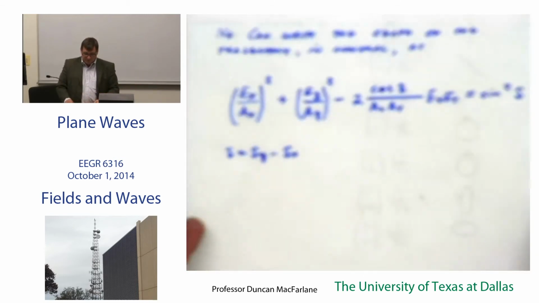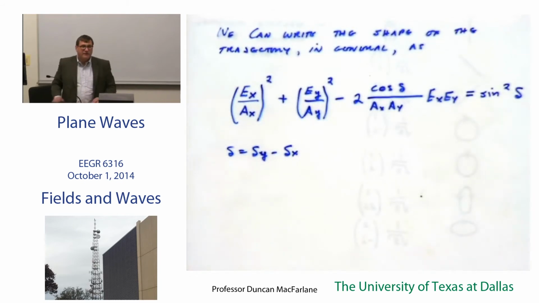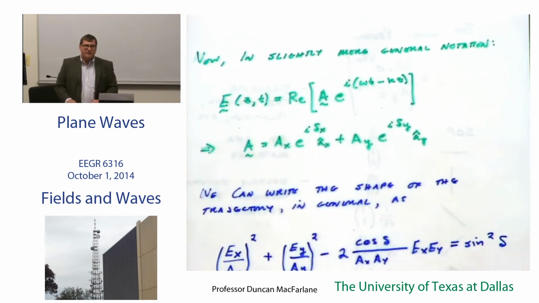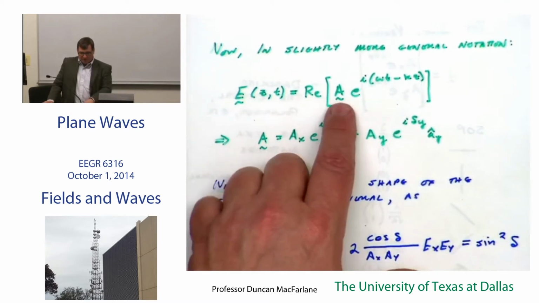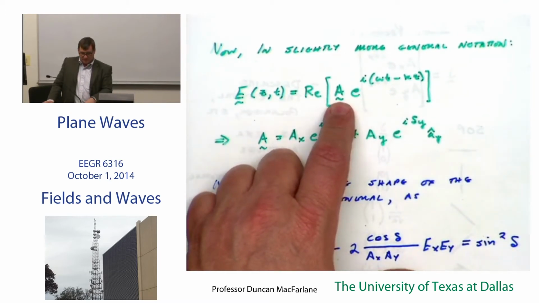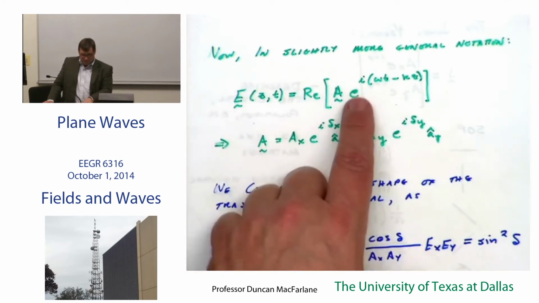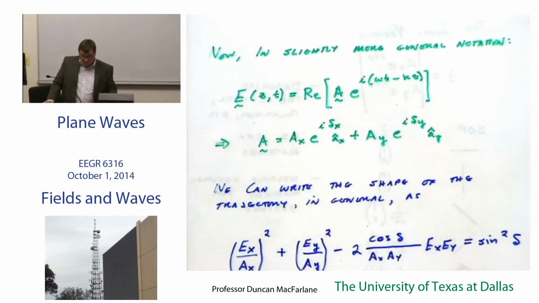So if I go back to my complex notation, the electric field is the real part of some complex amplitude times e to the i(omega t minus kz).